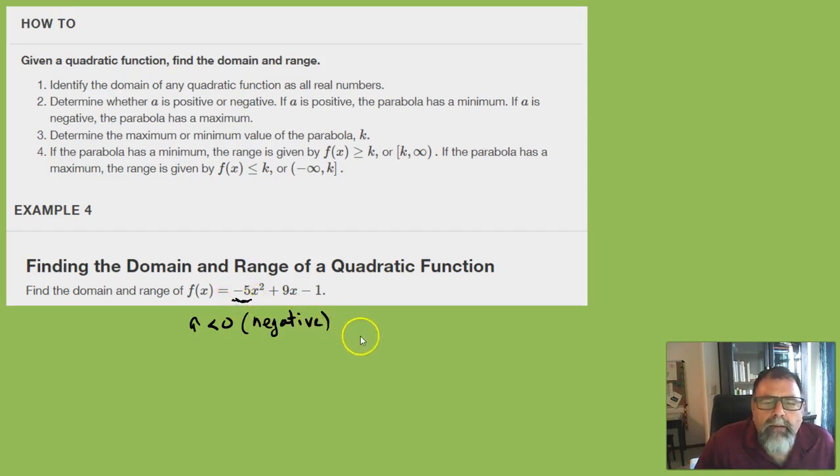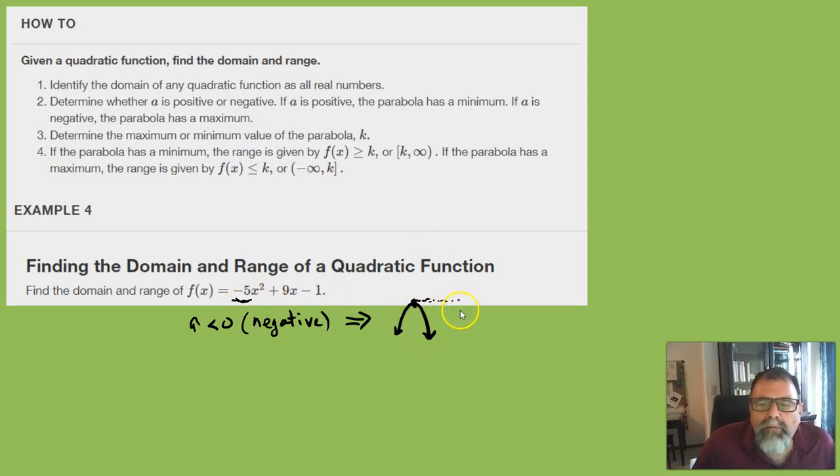This is a. This is a parabola that opens downward. If a is positive, it's a parabola that opens upward. I don't memorize it like it's written up there. I just kind of draw this picture. So it's negative, opens downward.